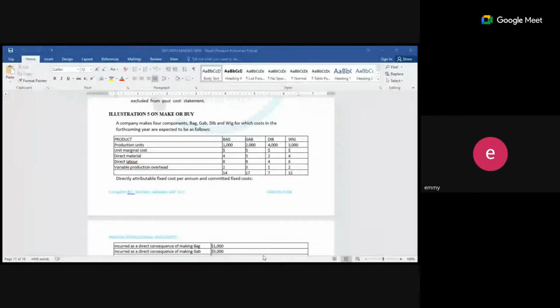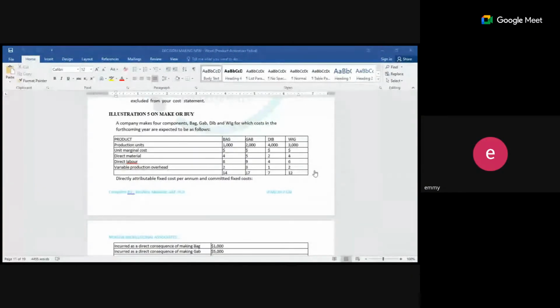In the accept or reject decision making, we always have an incremental income, which will be compared with the relevant cost.